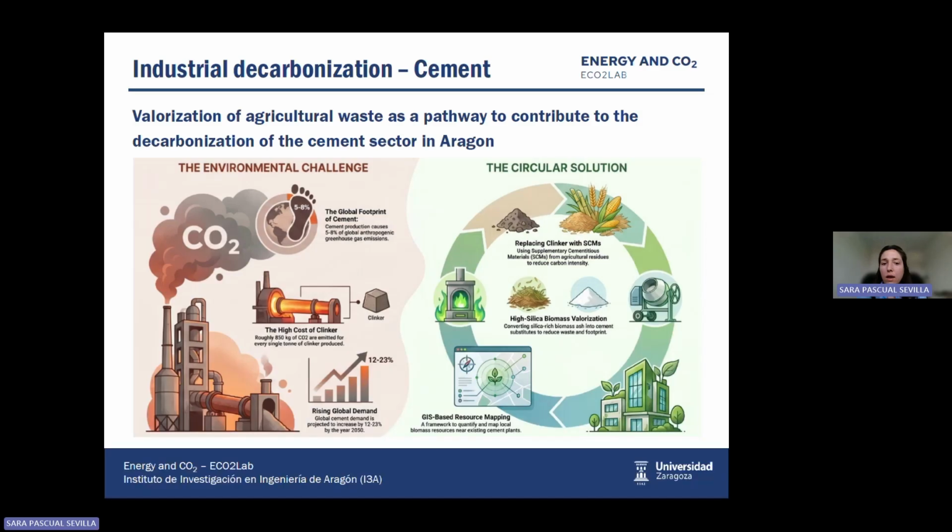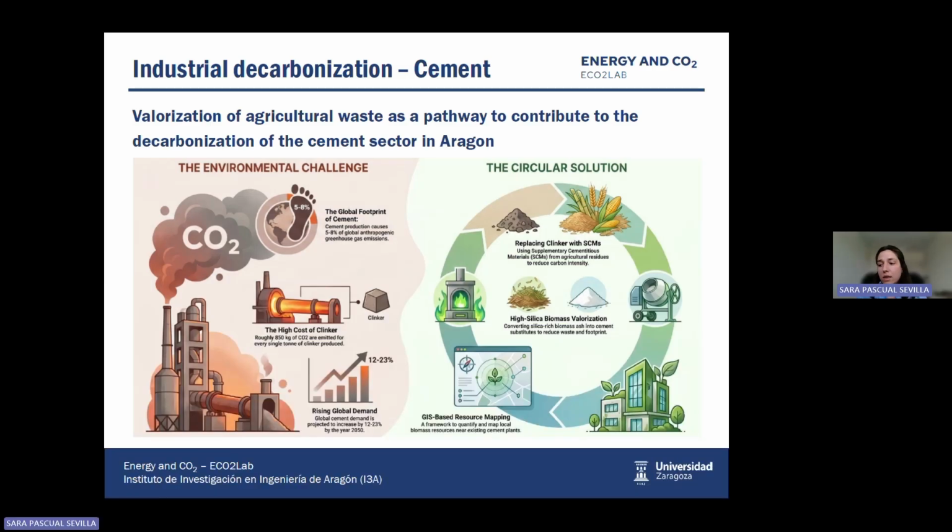And then the other hard-to-abate industrial process is cement production. We know that this cement sector is characterized by a high global carbon footprint, mainly driven by the CO2 emitted in the clinker step. However, this is a valuable product whose demand will rise around the world, as with steel production.